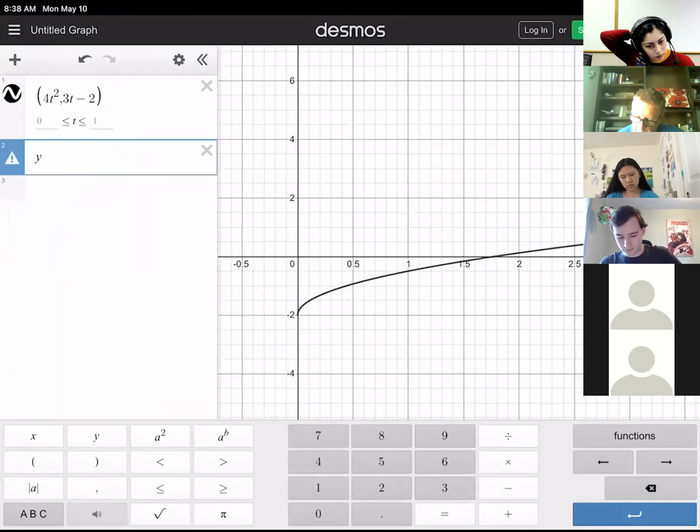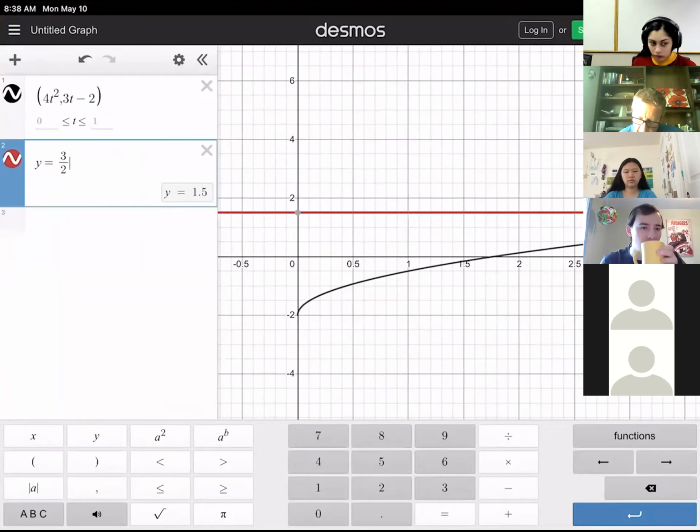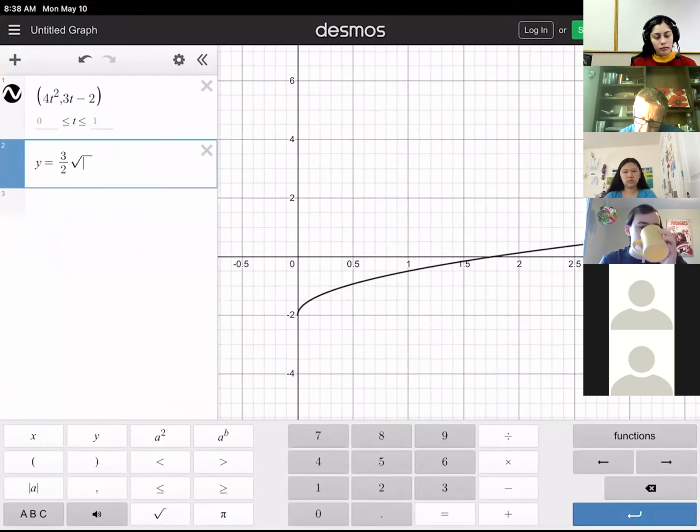Y equals 3 divided by 2 times the square root of x. The 2 was not inside the square root. Look at that. They're the same exact graph. It's right on top of that other graph.